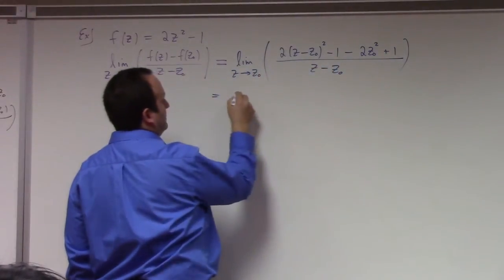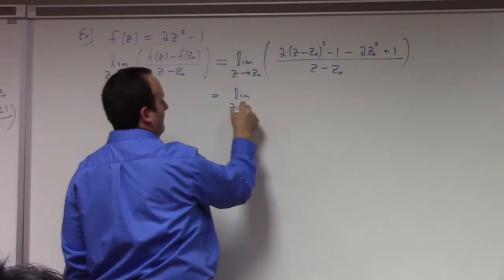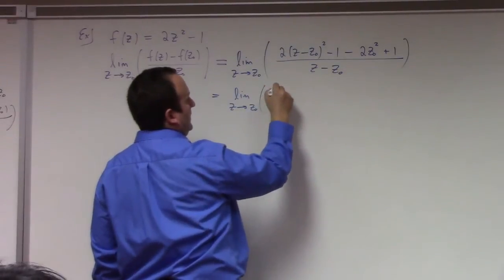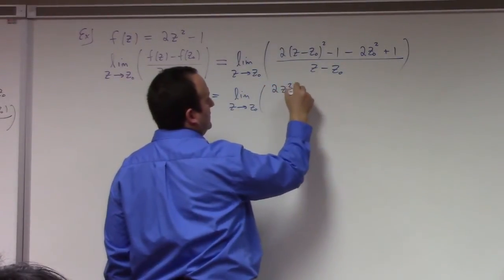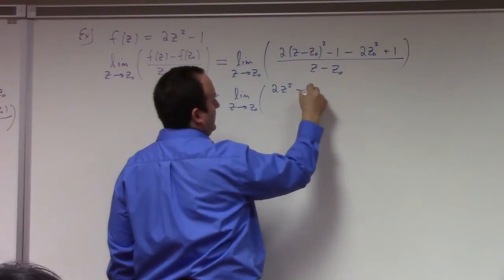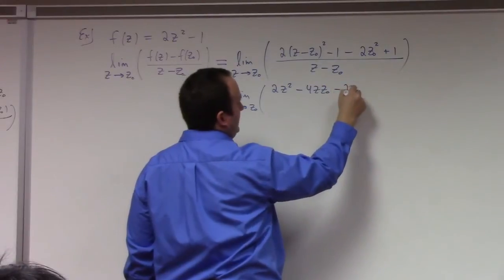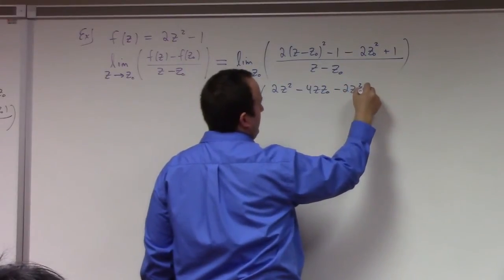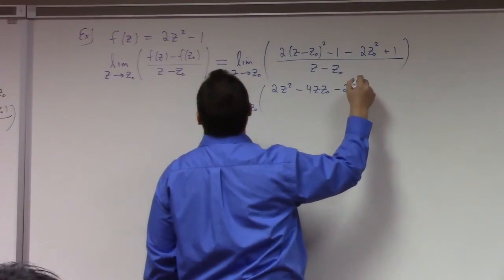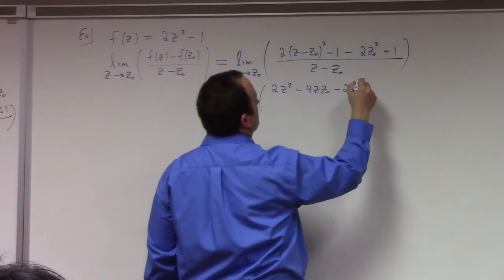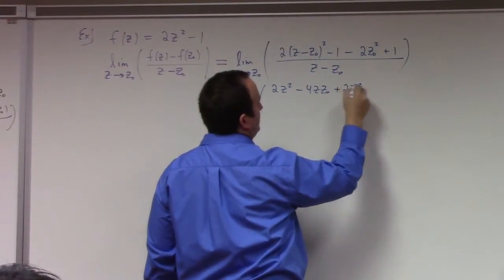So you FOIL that thing out. And that gives you 2z squared minus 4z z naught minus 2z naught squared. I mean plus 2z naught squared, rather.